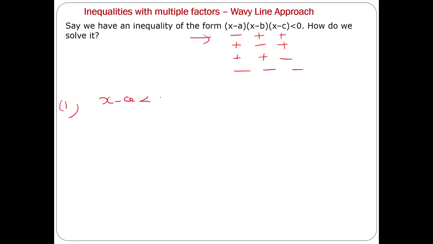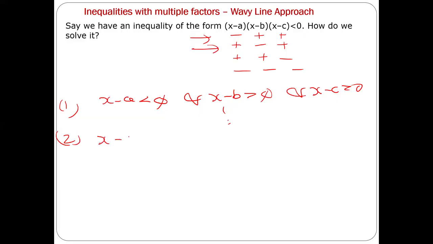X minus a is negative and x minus b is positive and x minus c is positive. Solve it. Case 2 would be what? This one. X minus a is positive and x minus b is negative and x minus c is positive.